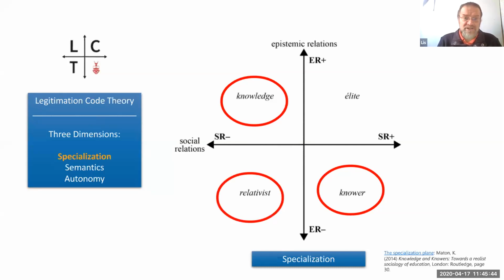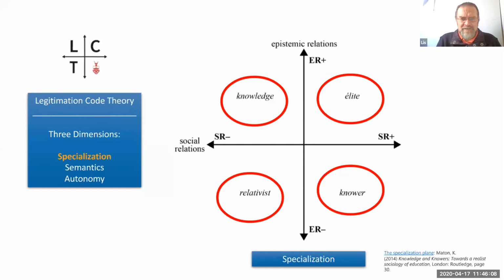A relativist code is where neither of these things are really important. So anyone can have a point of view. Everyday discourse, for example, everyone's point of view is valid and no particular knowledge is required. And then elite codes, such as music, for example, where knower aspects are very important. You have to have an ear for it, but the knowledge is also very important.